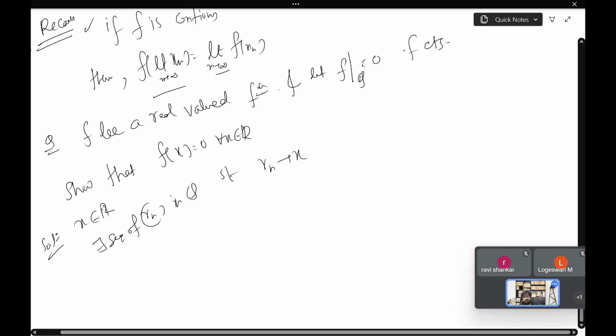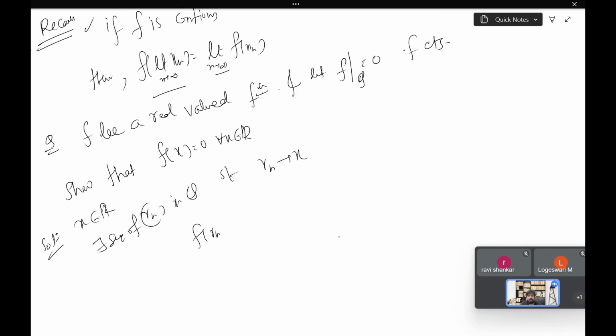So f of r_n goes to f of x because of continuity of f, and f of r_n is 0, so f of x is equal to 0.